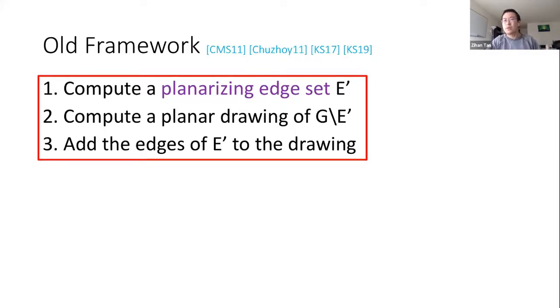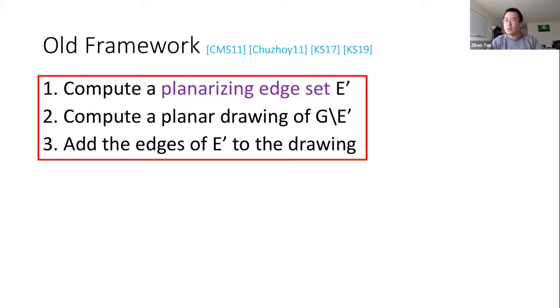The first step is to compute a planarizing edge set E of the given graph, where by planarizing edge set, we mean a subset of edges such that if we remove these edges from the graph, then the remaining graph is planar. The second step is to compute a drawing of the remaining graph, from which we removed the planarizing edge set. And the third step is to add the edges back to the drawing.